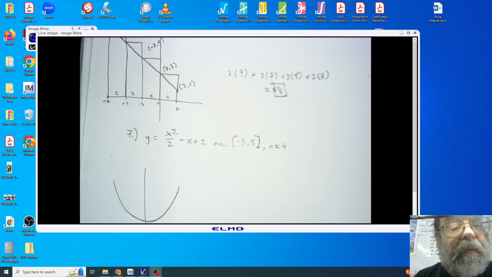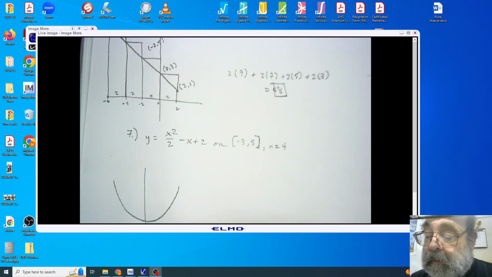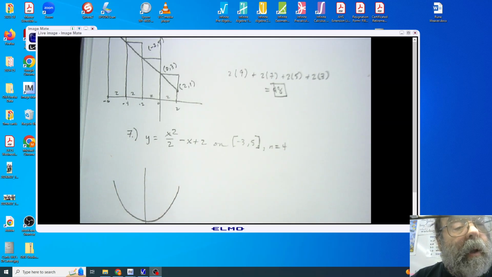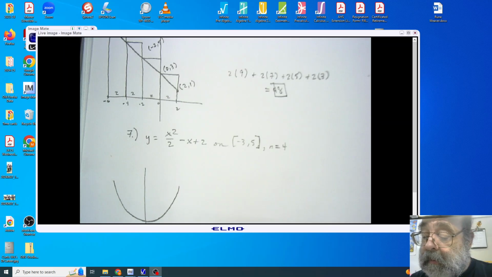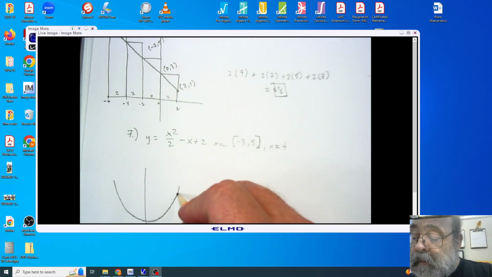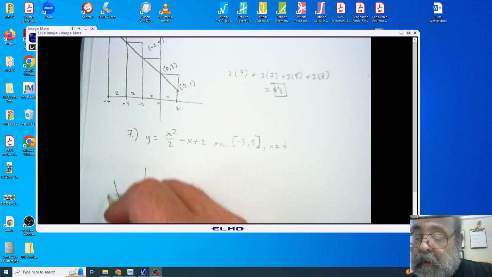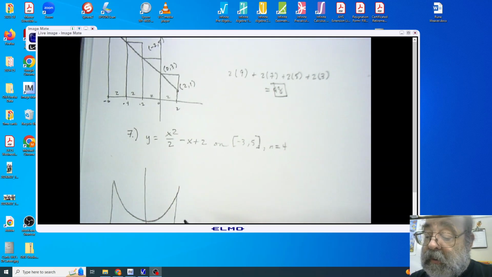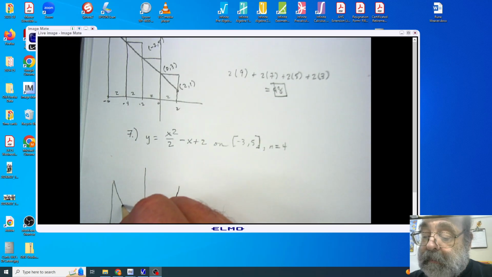And we are going from negative 3 to 5, and so I want to make sure that I break this up. And I want lengths of 2 since I've got a total of 8.